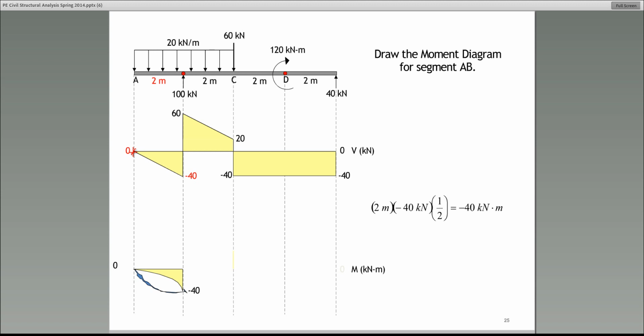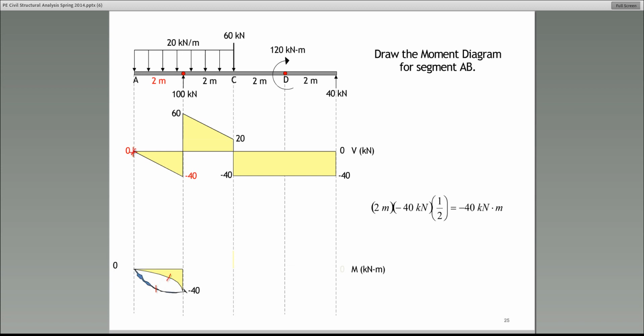Then, based on the statement that I made, the slope of the moment diagram at that point should be what? 0. All right? So tell me, between this parabola and the parabola below, which one has a 0 slope at the point A? The first one does. The other one has a slope other than 0. So this is how you decide which end would have a 0 slope.